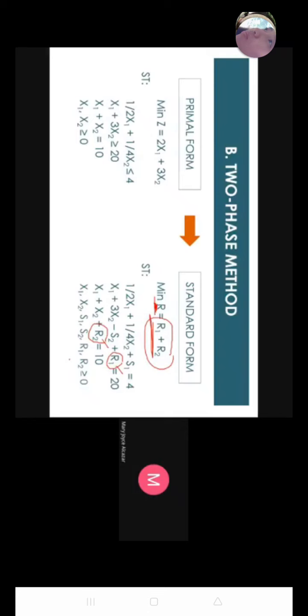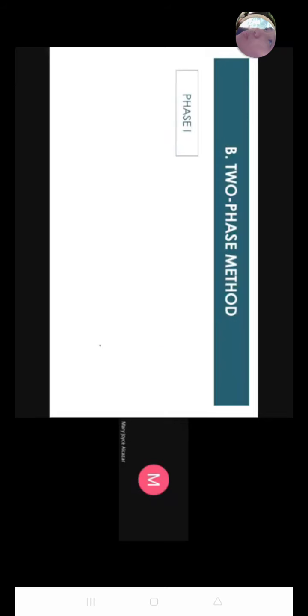But if you have R3, R4, R5, or a single artificial variable, that should be proportional to the number of artificial variables in your constraints. So we have to transfer the terms on the left-hand side. That becomes R - R1 - R2 = 0. After successfully transforming all those equations into their standard form, we will proceed with phase 1.